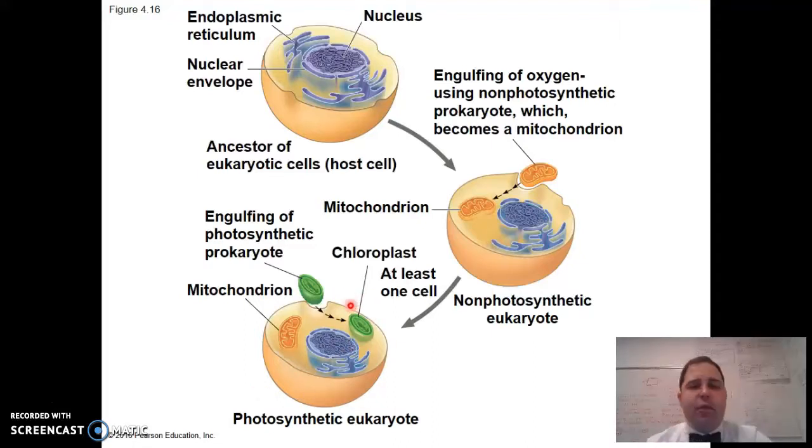Other evidence for this endosymbiont theory that I'm speaking of, along with the double membrane around these structures, is that the mitochondria and the chloroplast actually have their own genomes. And that's a relic of the fact that they were independent organisms, and they are able to replicate themselves using that genome. And in fact, we can do some research with lineage by looking at mitochondrial DNA.